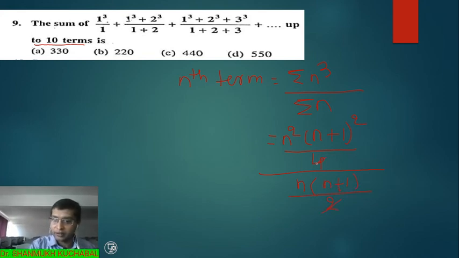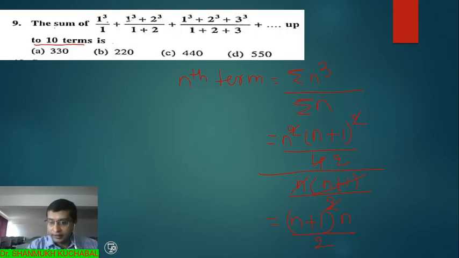Here I cancel: 1 n plus 1 and 1 n plus 1 cancel, 1 n and 1 n cancel, so we get n plus 1 into n divided by 2.